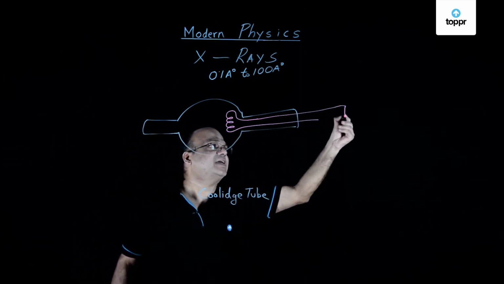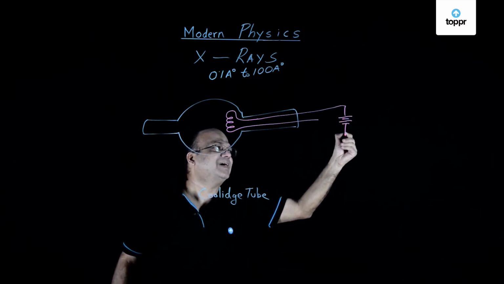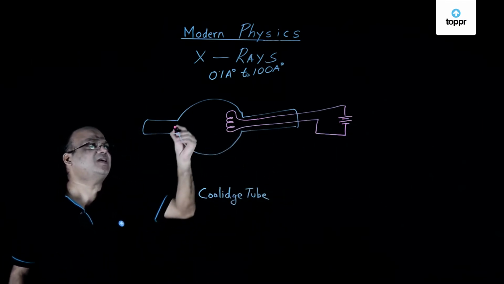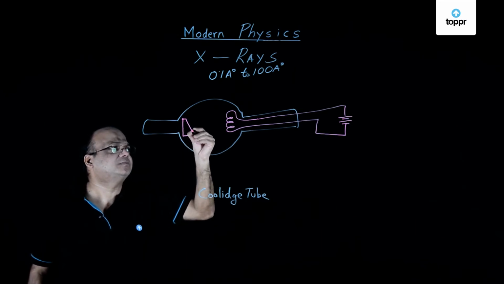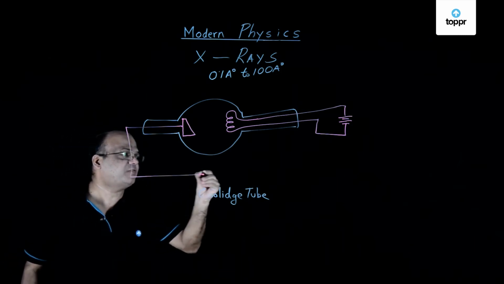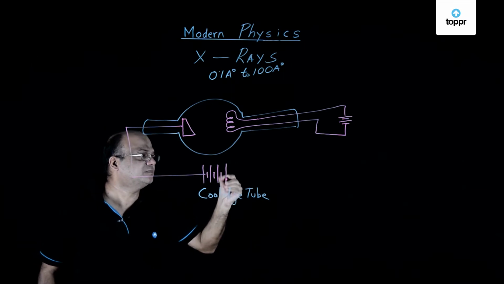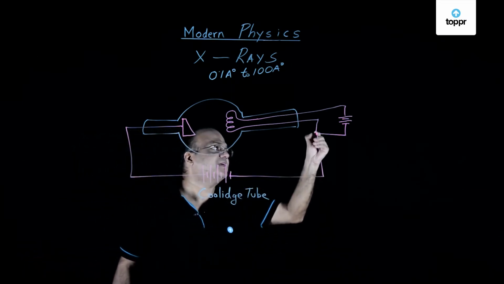This cathode is connected to a small battery that heats this cathode. Here we have got a target, the anode. This anode is connected to the positive terminal of a big battery that gives the accelerating voltage, and the negative terminal of this battery is connected to the cathode.